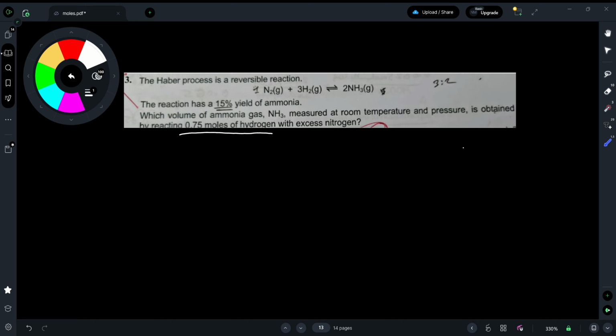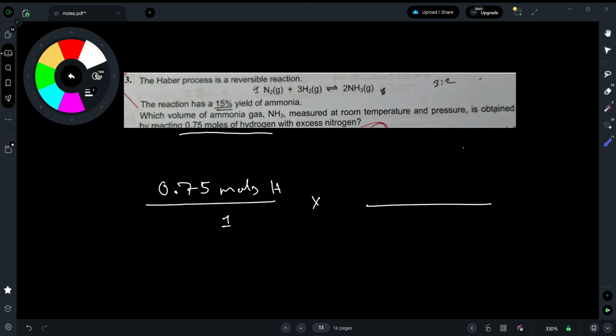So we have 0.75 moles of H2 by 1, and let's look at our ratio. So this is our ratio of hydrogen to ammonia, 3:2.